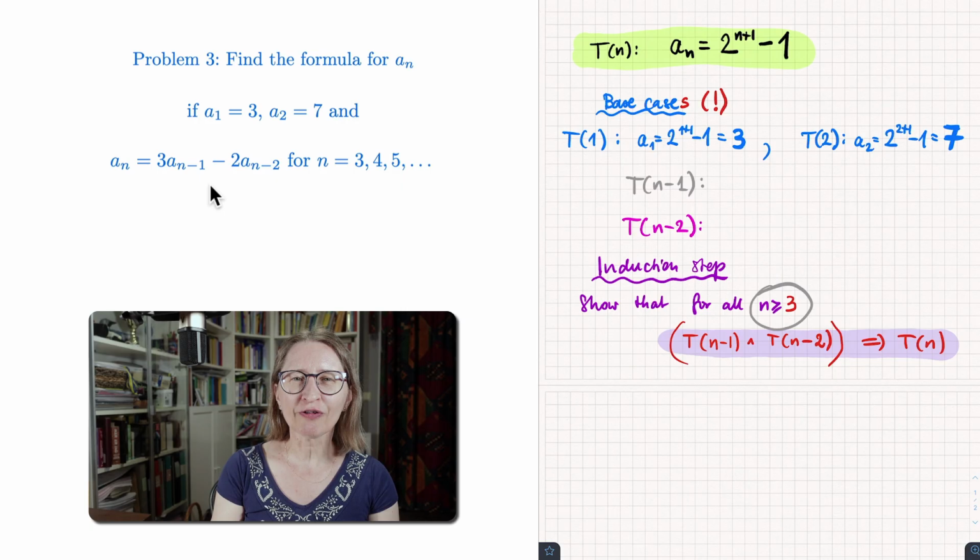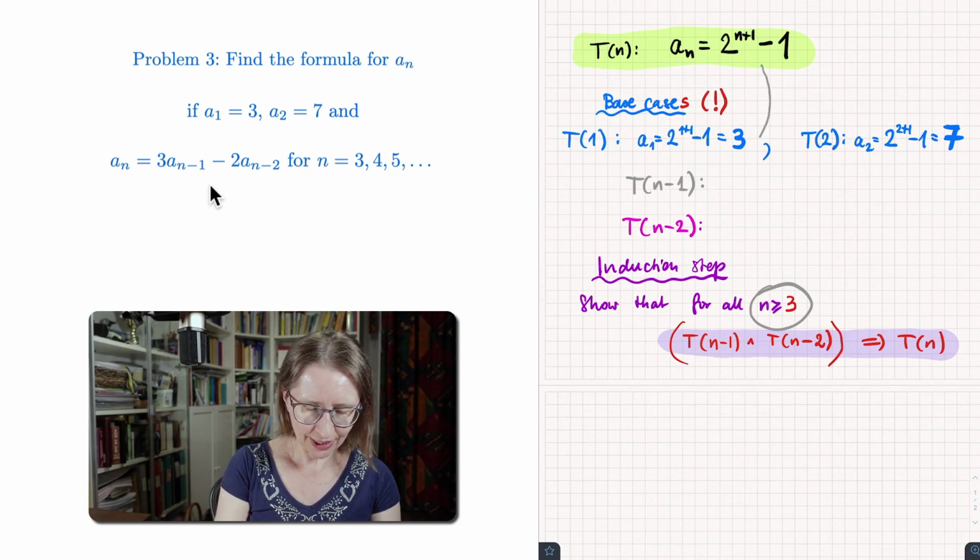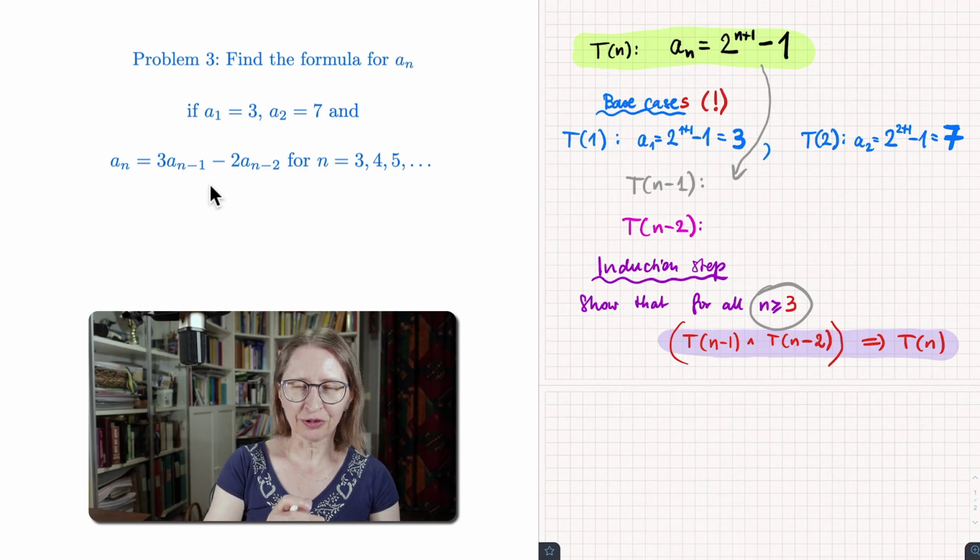So what is T of n minus 1? Well, you see it here, right? You have defined T of n, and T of n minus 1 is the expression for a n minus 1, right? So we simply plug in n minus 1 instead of n in the definition for T of n.